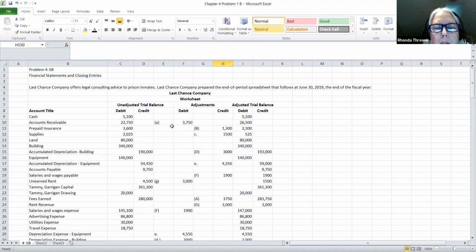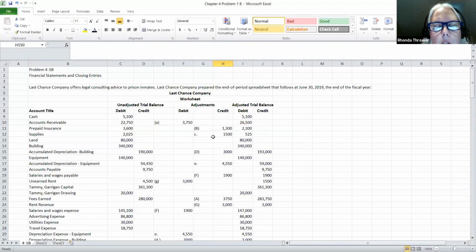Notice I've got these labeled A, B, C, and D, and these letters are just what we would use to identify our adjusting entries. So you might remember that in chapter 3, we learned about deferrals and accruals, deferred expenses, deferred revenue, accrued expenses, and accrued revenue. And we updated our ledger accounts by adjusting those. And that's what these columns are here.